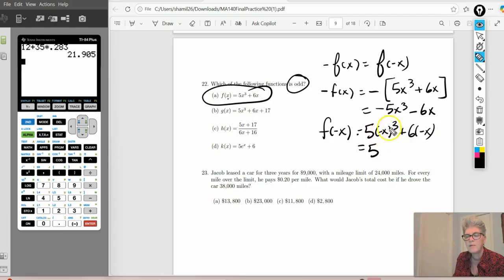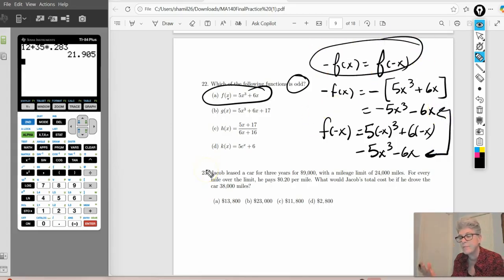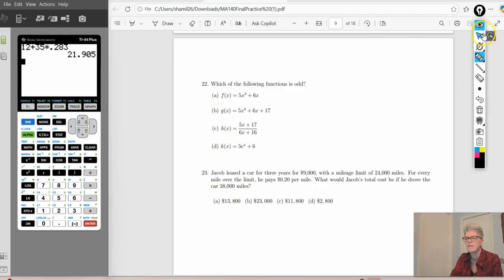And if I raise it to an odd power, the negative sign stays. And 6 times negative x is that. These are the same. And so I'm done with the first one. Okay, that's using the book rules. You can just look at the graph.